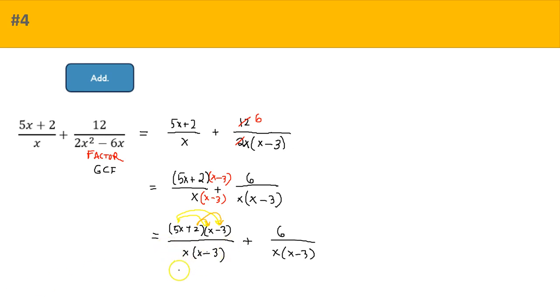Okay, so 5x times x will give me 5x squared. 5x times negative 3 gives me negative 15x. 2 times x gives me 2x. 2 times negative 3 gives me negative 6. Okay, with the numerator plus 6. Okay, and the denominators are the same, x times x minus 3.